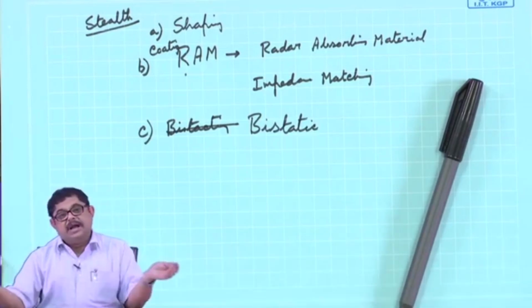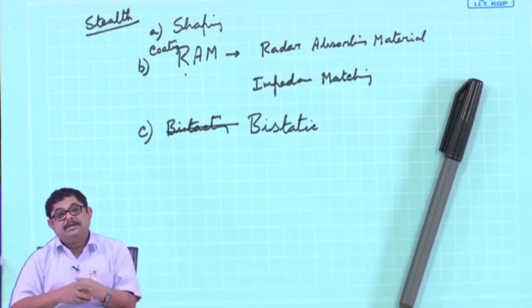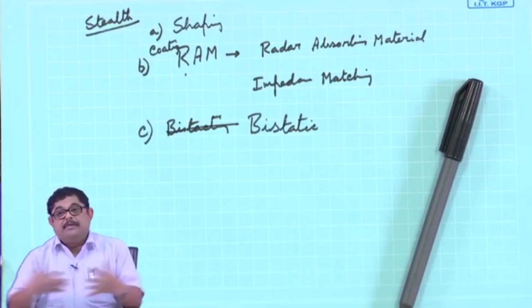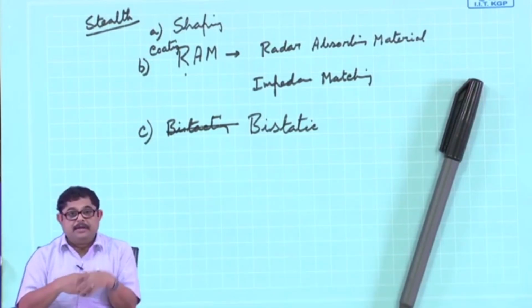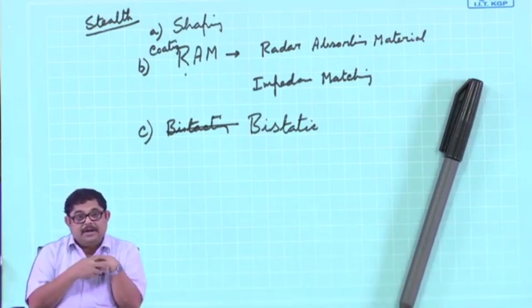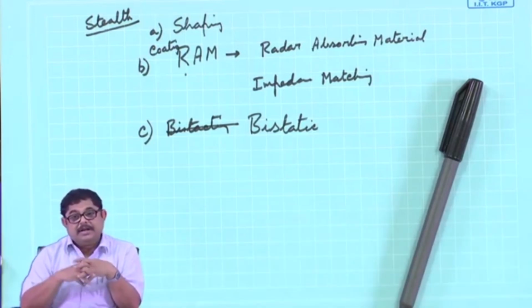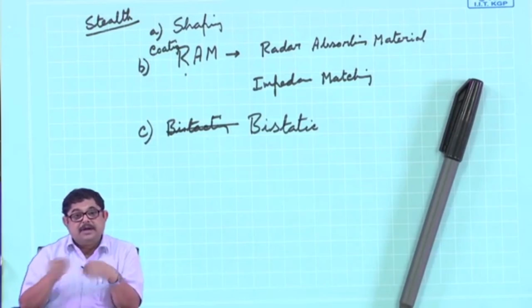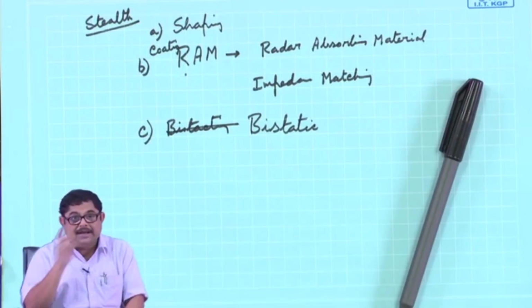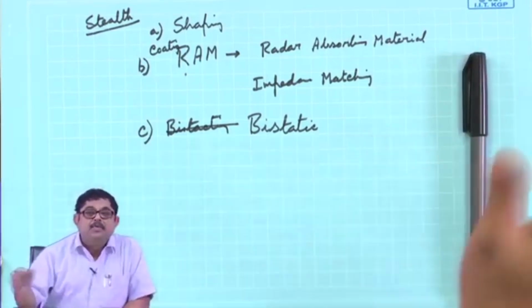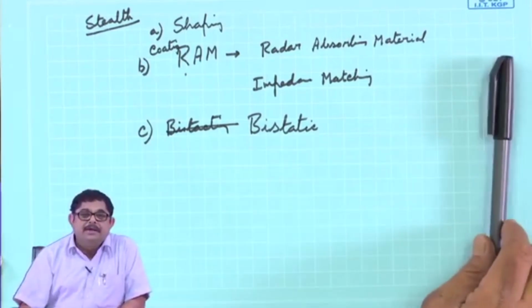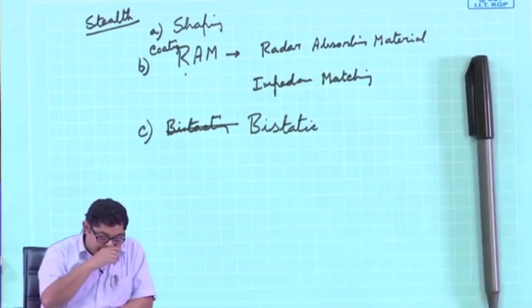So, at such high frequency and such distance there should be perfect synchronization between them, that we will see when we discuss various radar functions, that transmitter and receiver always should be synchronized. So, that synchronization is a challenge in bistatic, but it is a very good way of detecting an enemy target by an enemy radar. Okay.